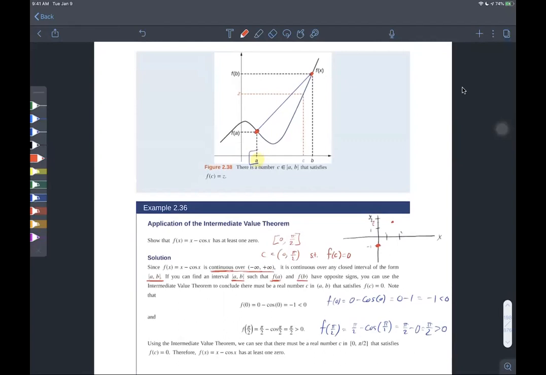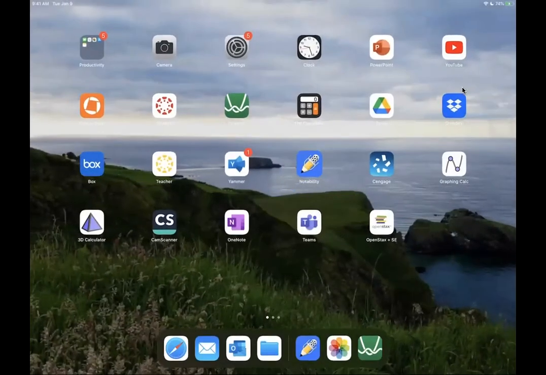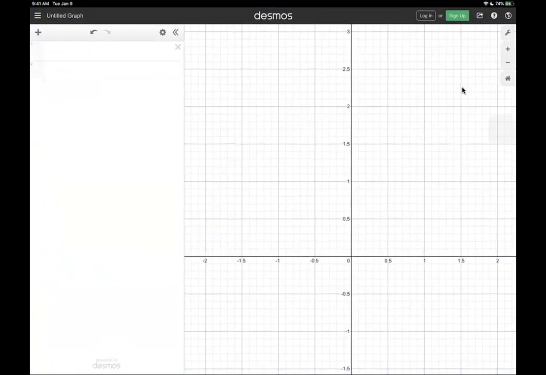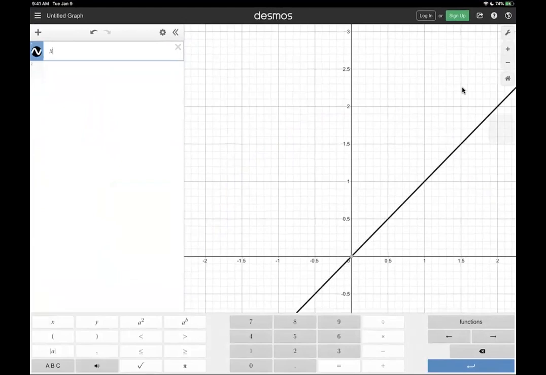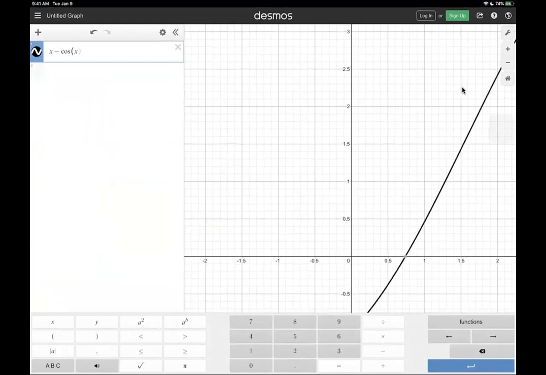Okay, so the last statement here says, using the intermediate value theorem, we can see that there must be a real number c in 0 to pi over 2 that satisfies f of c equals 0. Therefore, f of x has at least one 0. X minus cosine of x, and I'm just curious to see what this function looks like. So we don't even know what the entire thing looks like, but we know that it must cross the x-axis at some point there.